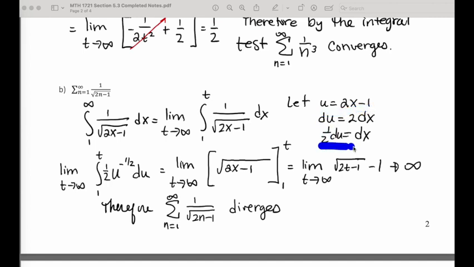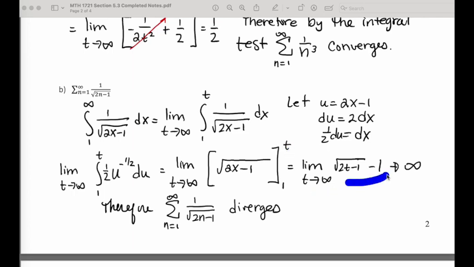So then 1/2 du is dx. So when I rewrite it, I get this. When I evaluate it, I'm going to find that I need to take the limit as t goes to infinity of the square root of 2x minus 1. And I'm going to evaluate that from 1 to t.